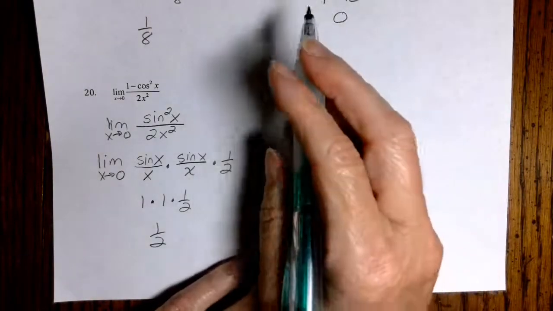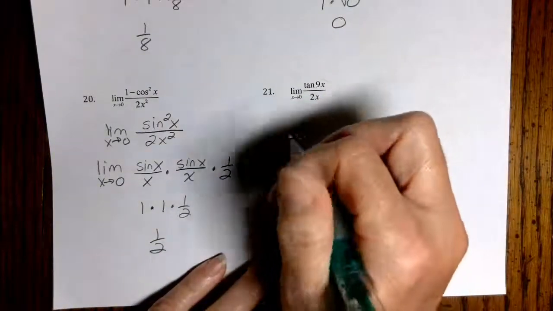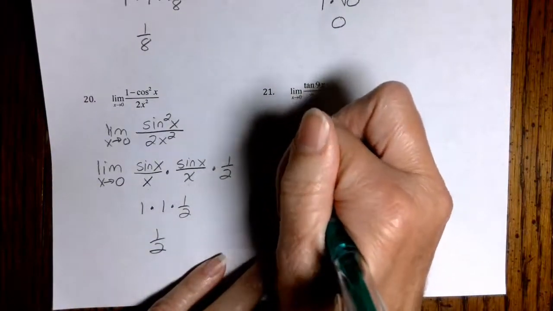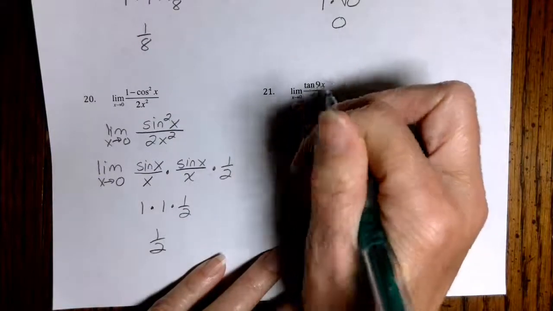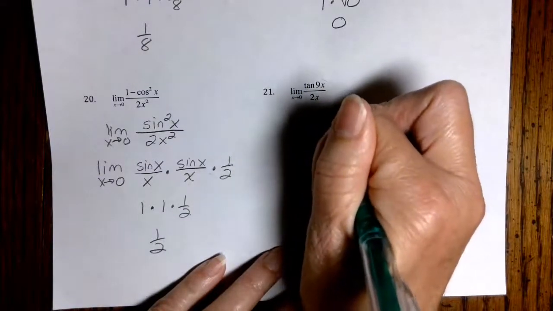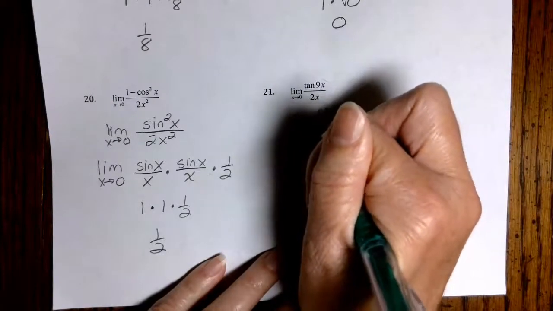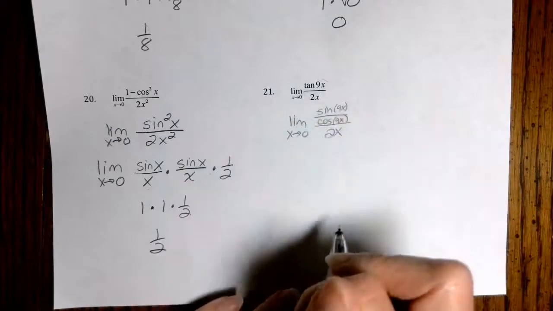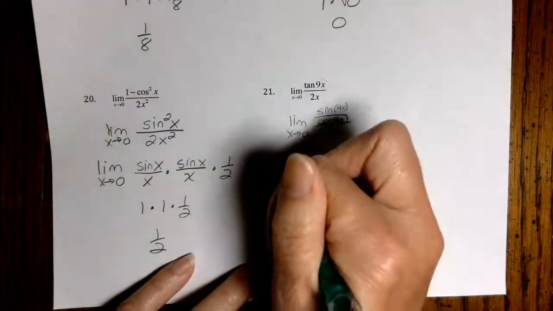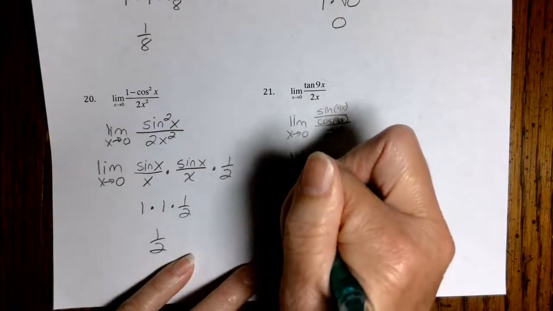Tangent is not a known limit. Sines are known limits. So I'm going to do a rewrite and say tangent is really sine of 9x divided by cosine of 9x, divided by the 2x. It's a complex fraction.